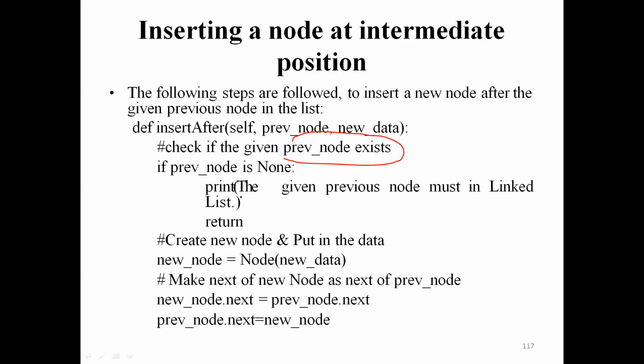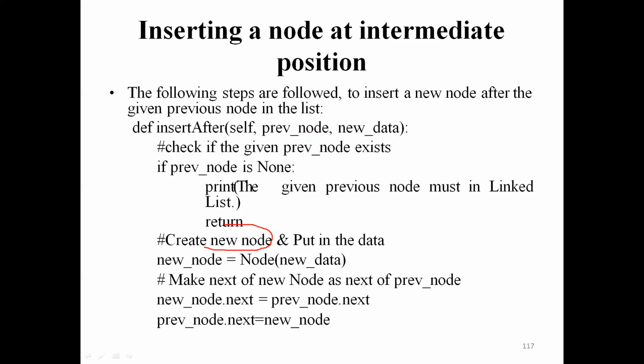I want to insert after 5. It means the data part of the previous node is 5. That's the meaning. If the node is at all not there, you can directly print that the given previous node is none.